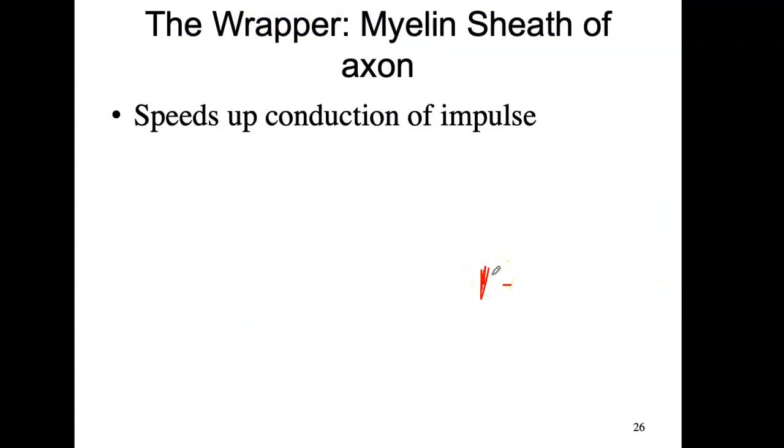I scribbled there. The wrapper. The wrapper is the myelin sheath of the axon. The myelin sheath is a cell, if you remember from anatomy, that wraps around that axon and actually increases the speed of conduction, makes it go faster.